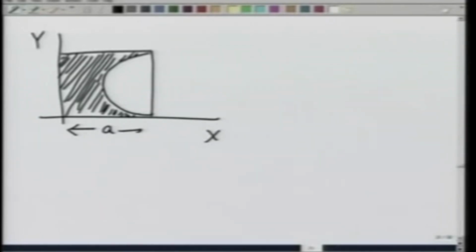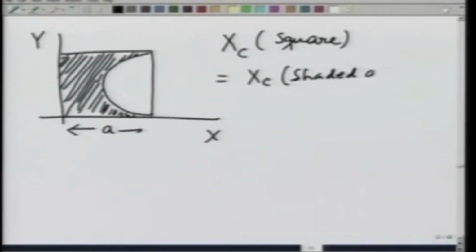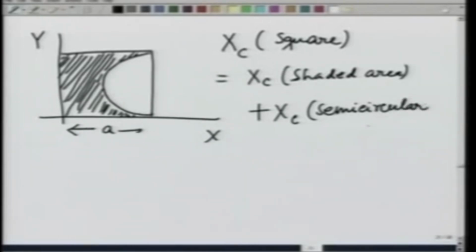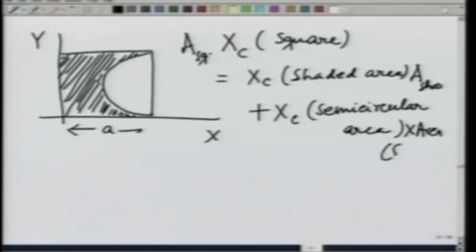Again, I can use the same theorem, but in a different way, because now what I am going to say is that xc of the square, which I already know is going to be right in the middle, is going to be equal to xc of the shaded area plus xc of the semicircle.